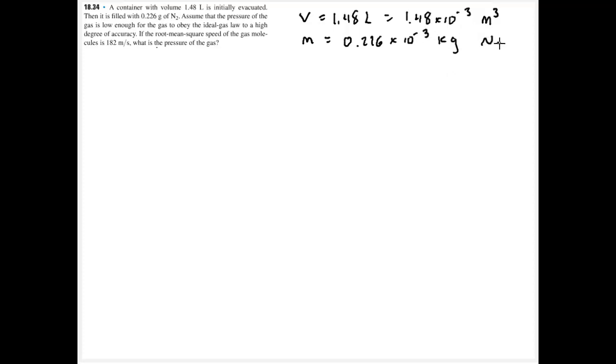I know that it's going to be nitrogen, so the molar mass of nitrogen is going to be 28.014 times 10 to the minus 3, and this is going to be kilograms per mole.